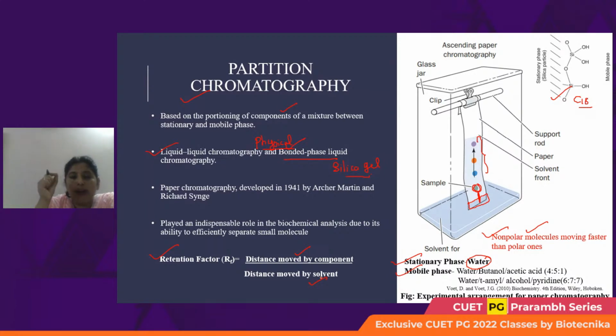Every component has a specific retention factor. So when, let's say, you are separating the coloring agents used in food, every coloring agent or dye has a specific retention factor. If you are analyzing a sample, you get a chromatogram and you can compare it with the standard chromatogram, and find out what that drug is by comparing their retention factor.